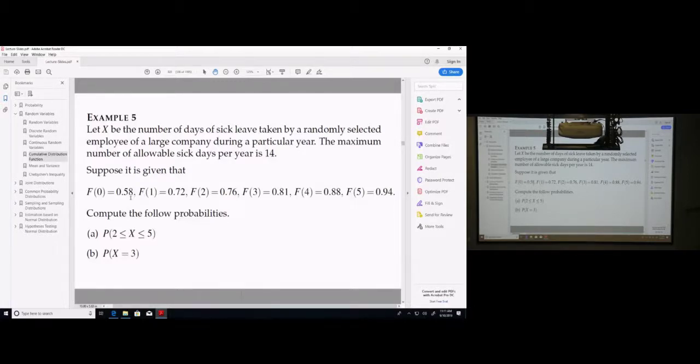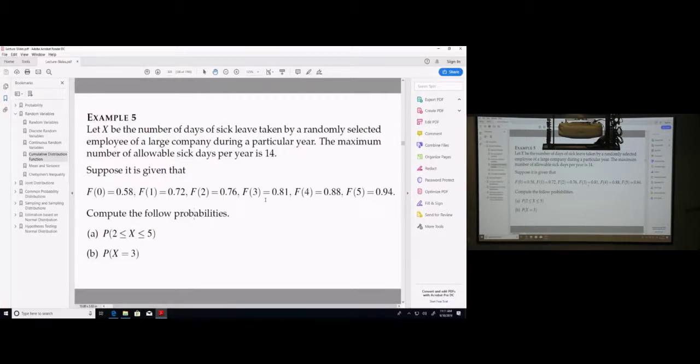So 58% of the people do not take any days of sick leave. And then this is the extra probability here, which is 14, right? So 14% of the people take 1 day of MC, and so on and so forth.